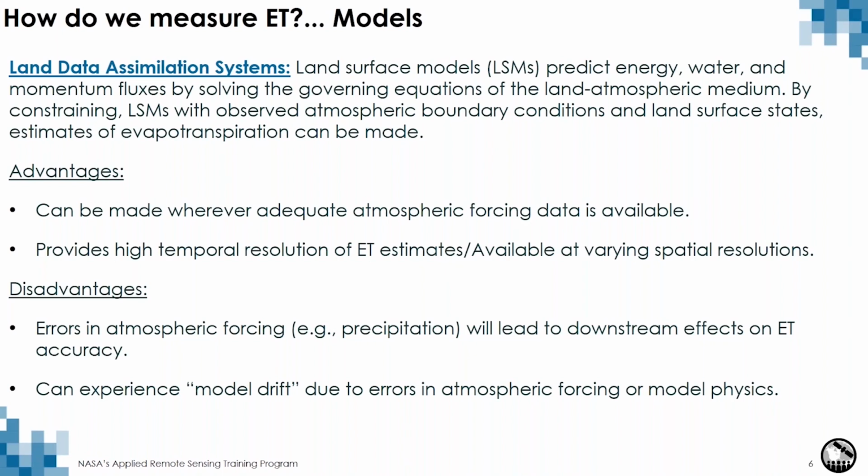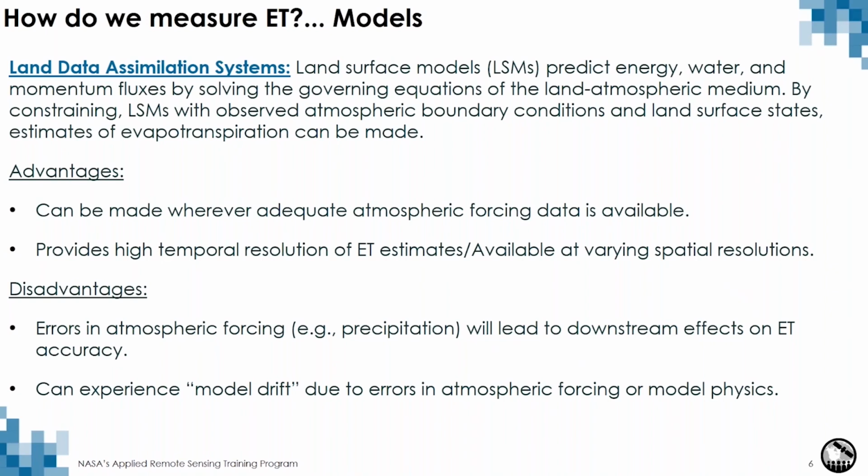From an advantage standpoint, these models are nice because they can be run anywhere you have the forcing data, even if that forcing data is coarse or not as accurate. Take, for example, Africa: we don't have a lot of ground-based meteorological information compared to the observational network over the United States. So that introduces some uncertainty.